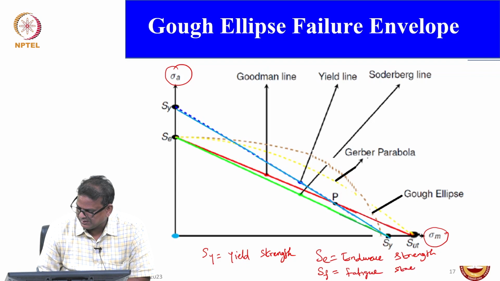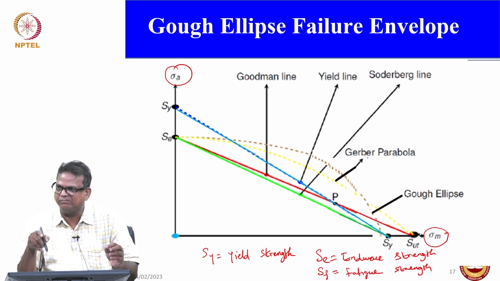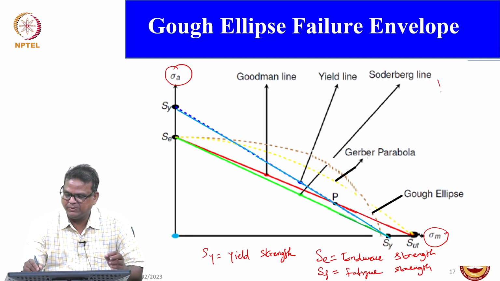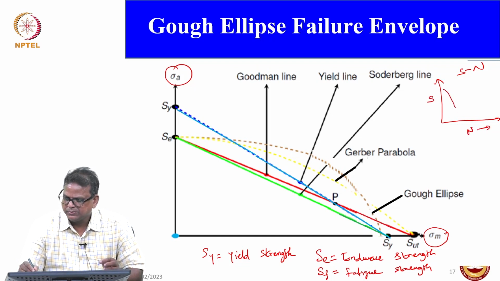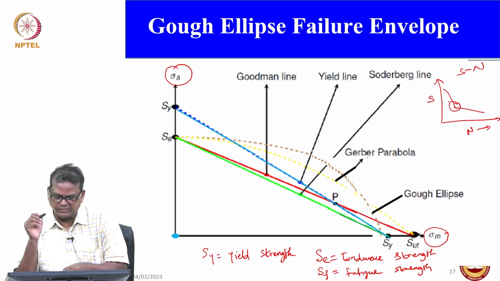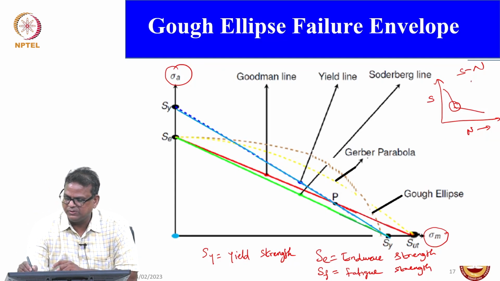Fatigue strength, okay. And the question is, is yield strength only for steels, because your SN curve will have a sharp knee. Remember, this is the SN curve, right, and this is your number of cycles, assuming that this is your stress. So steels will have a sharp knee, right, there you talk about your endurance strength. So this is usually applicable only to steels.